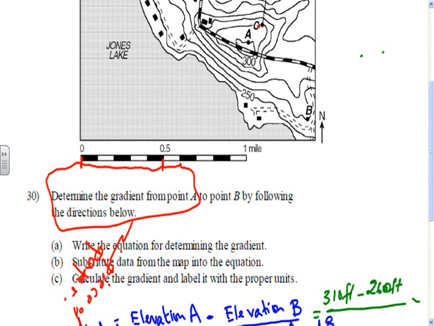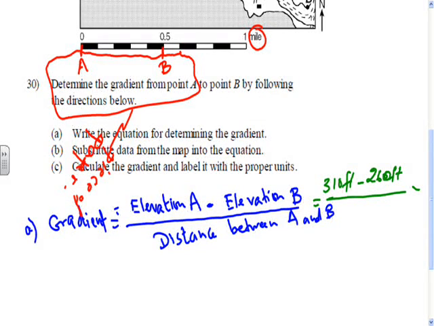So the distance between A and B is 0.5 what? 0.5 miles. You're going to write this number right here, 0.5 miles.